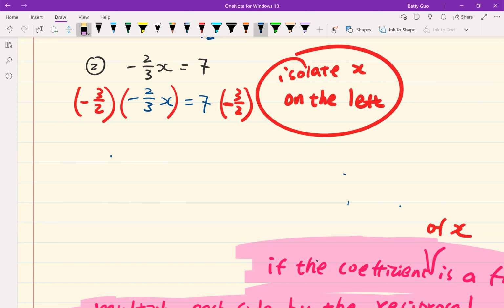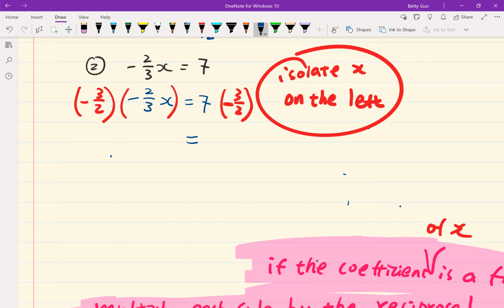On the left-hand side now, we are going to use the associative property we learned from last chapter. See here, 1, 2, 3 quantities, right? Right now, the negative 2/3 and x are associated, correct?